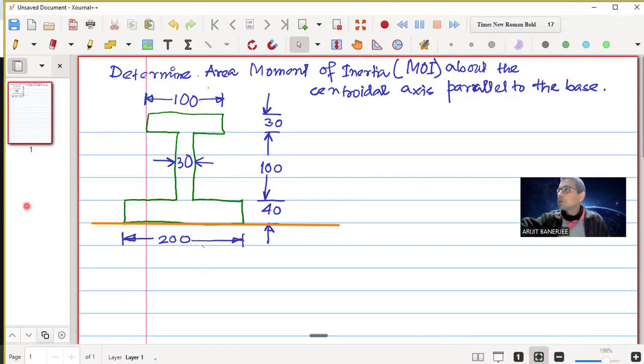Okay, so therefore, what do we have to do? We have to determine the centroid. That is the first thing that we have to do. That thing you have to first identify: we do not know the centroid of this figure, so we have to first determine it. Okay, that is the first thing that we will do.